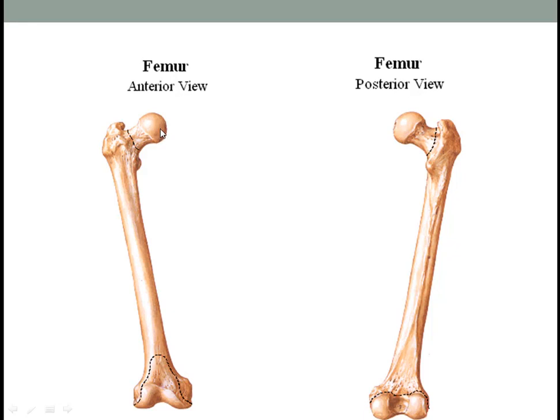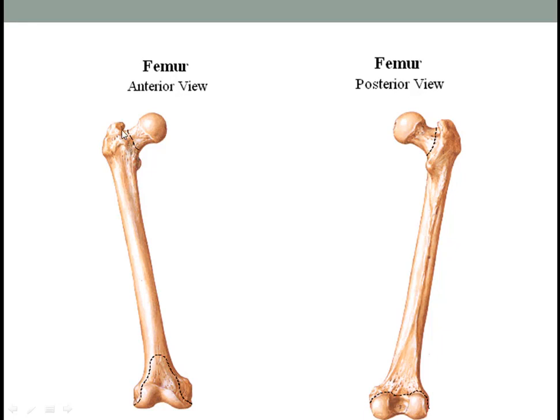This is the head of the femur, and here this is the neck of the femur. This is the greater trochanter, and this is the lesser trochanter. This is the shaft of the femur.